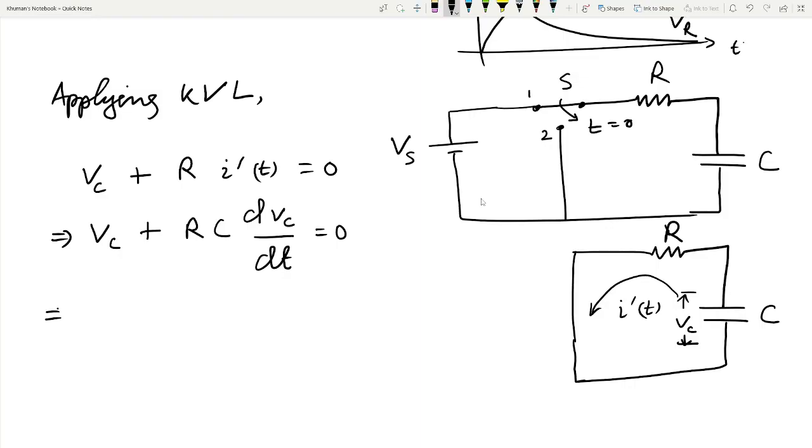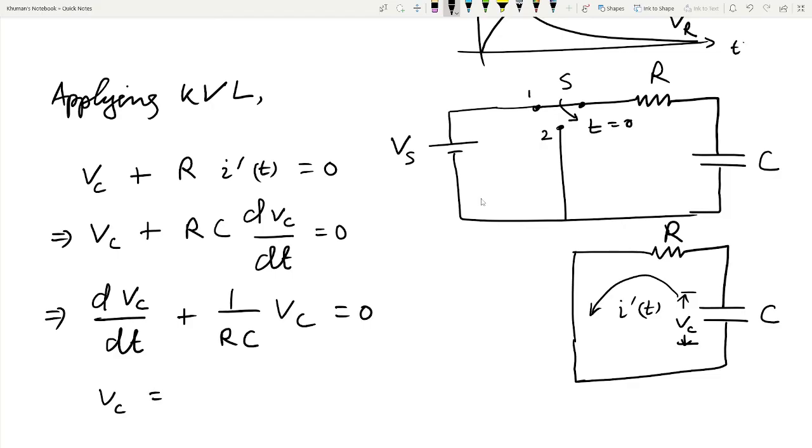So after rewriting it, we can write dVC by dt plus 1 by RC VC equal to 0. So this is a homogeneous equation and its solution is VC equal to k e to the power minus 1 by RC t.